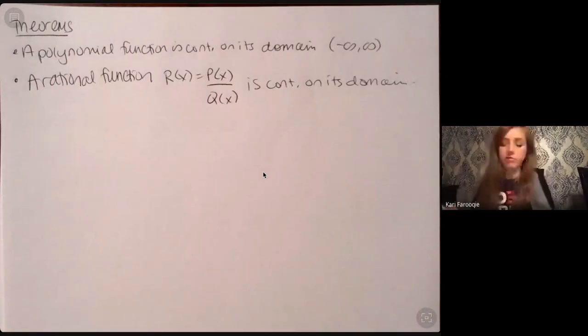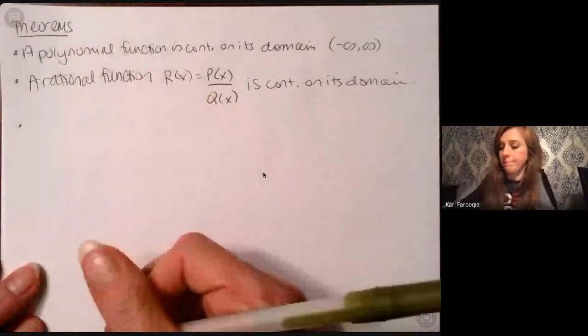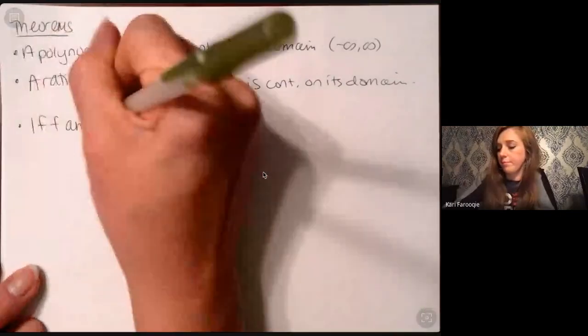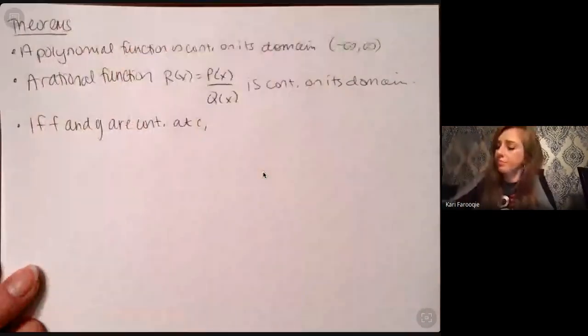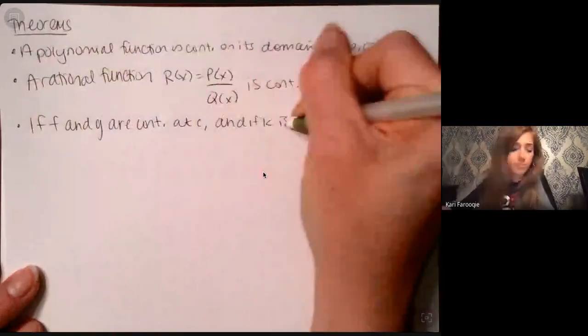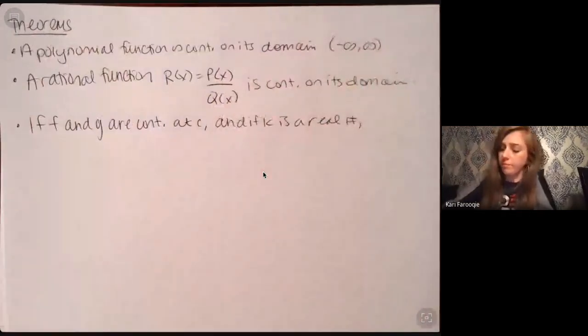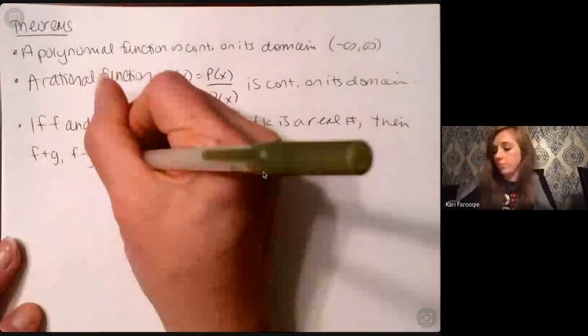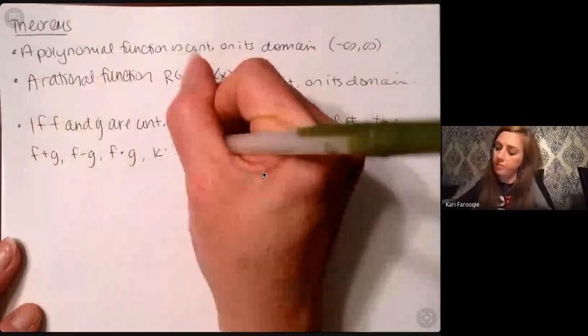So if we're combining some functions, if f and g are continuous at c, and if k is a real number, then f plus g, f minus g, f times g, and k times f are also continuous at c.